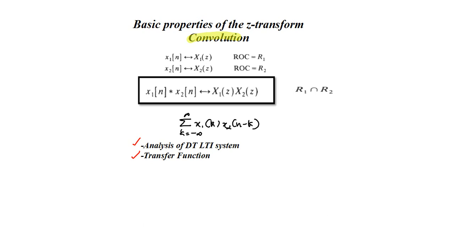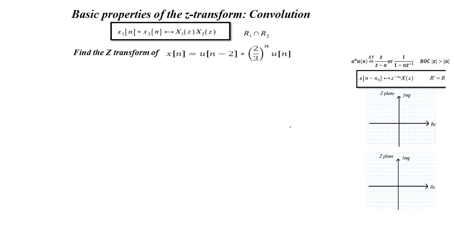In place of this complex equation I can use simple multiplication in the Z domain. That's all about the convolution property, and the ROC becomes the intersection of R1 and R2. We will see how to do problems based on this property.